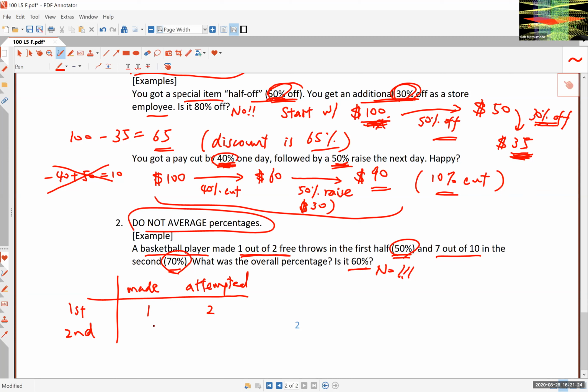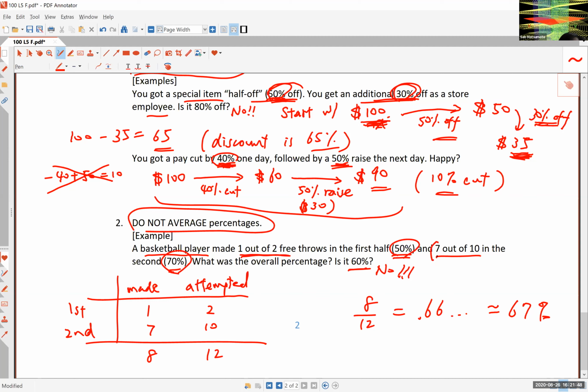Second half, he made 7 out of 10. So overall, this person made 8 out of 12, right? So it's 8 out of 12, and that turns out to be 0.66666, roughly 67%. Now, how in the world did we get 67% out of 50% and 70%?